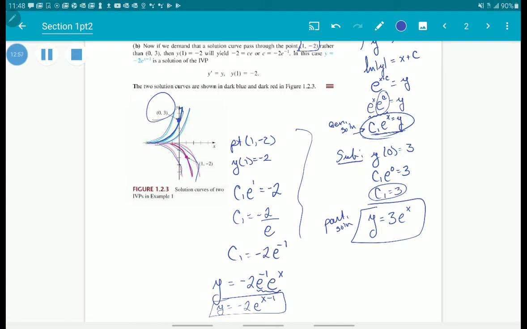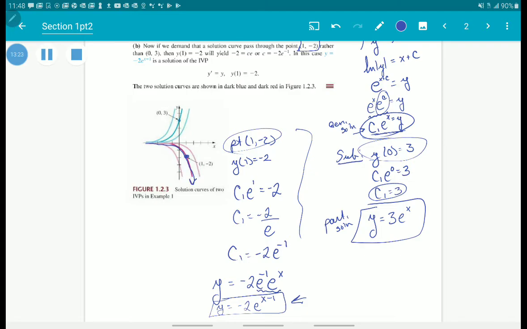So notice this particular solution is much different than that particular solution. And all that has to do with that initial value. So if we were to graph this guy on the Cartesian plane, we want to go through the point (1, -2), which is here. And if we were to graph it, we would get this particular solution.